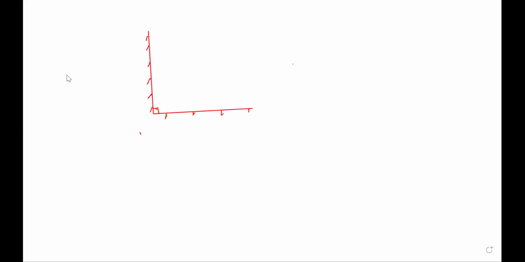If a ray of light is incident on one of them at a glancing angle, I am incidenting the ray here, meaning this is the glancing angle. And I'm told that the glancing angle is 48.